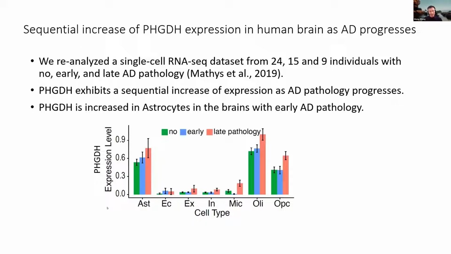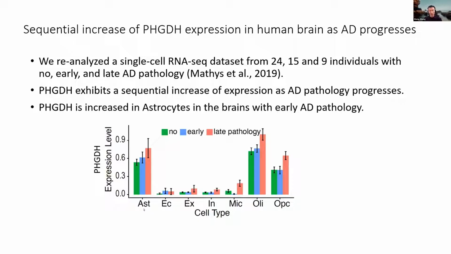So here we are replotting the expression level of PHGDH in 7 cell types in human brain. The reason we can get cell type information is because now we have single cell expression data, and using that single cell expression data, we can assess what cell type it is.